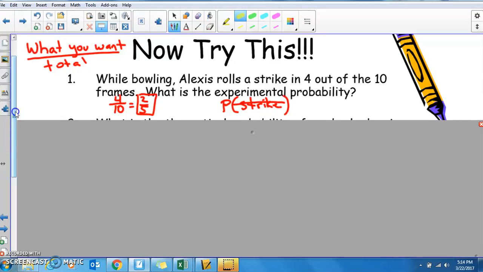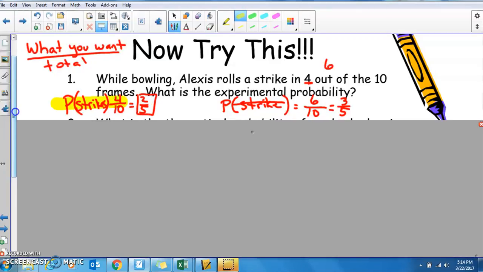Okay, she bowled 10 frames, so her total is 10. 4 of those were strikes, so if 4 were strikes, that means 6 were not strikes. So her probability of not rolling a strike would be 6 out of 10, which when simplified gives you 3/5. So this is the probability of strikes. And right here on the other side, probability of not rolling a strike.